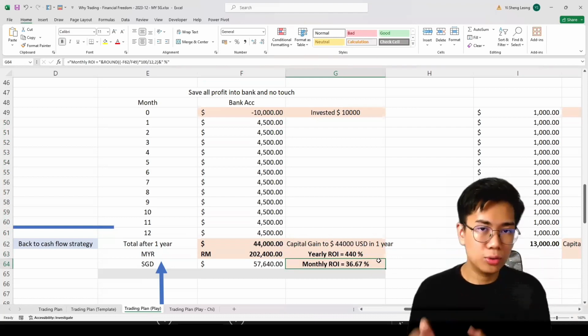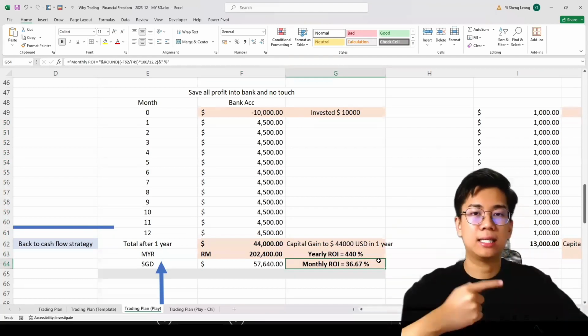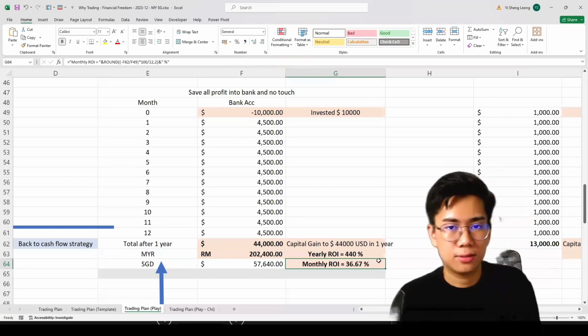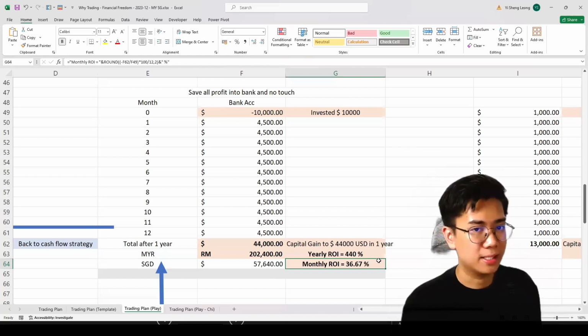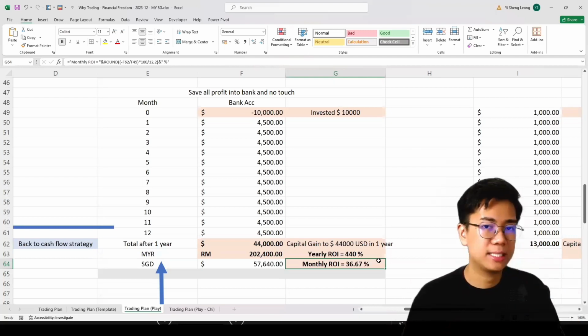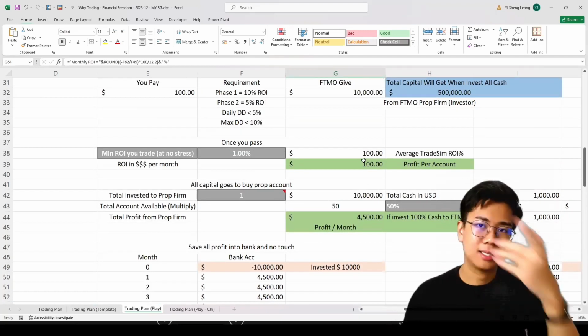And all you need to do is know your goals, repeat the process again and again until you fully reach the goal of financial freedom. How many of you think this is actually a good start for beginners? Just 1% per month, do it every single month, $100 per month, that's it.